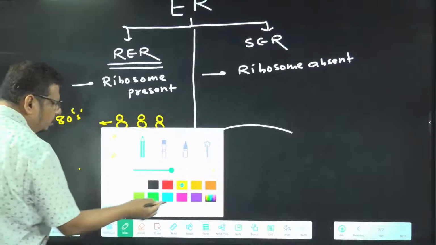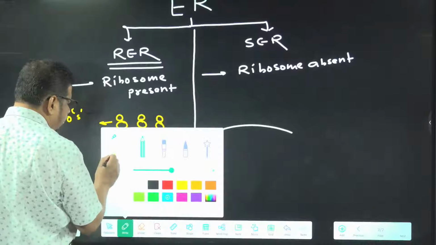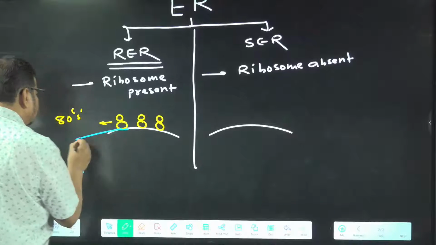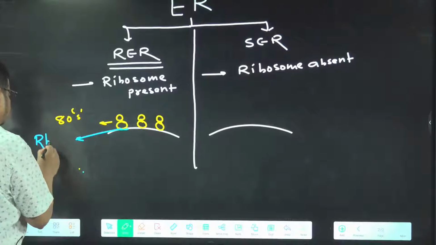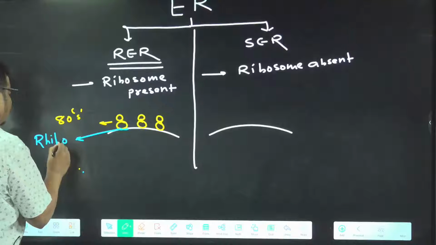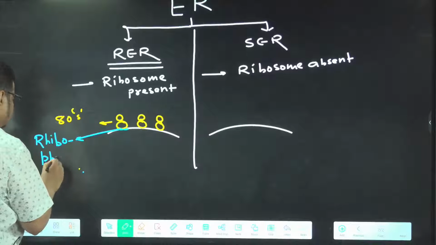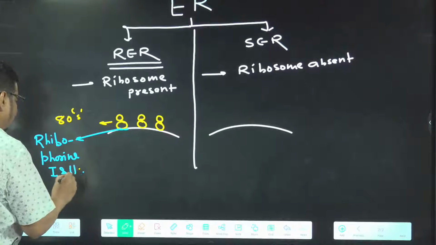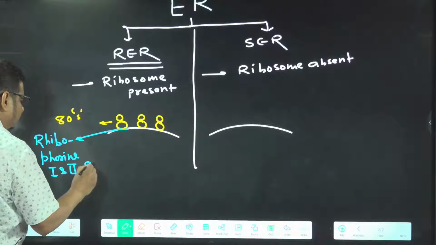And when these ribosomes are attached, something acts as a glue, right? So it is called ribophorin. Ribophorin, two types, 1 and 2, are present.